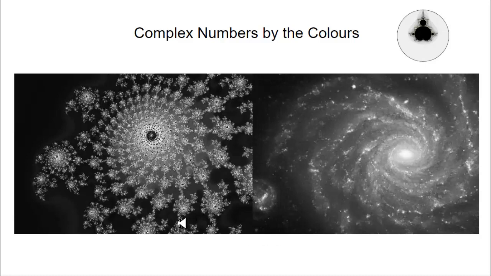Okay, so this is why I am pushing these complex numbers so much, because there's a lot of insight I think can be gained by studying the complex numbers, not just in terms of what they do, but in terms of what they are.